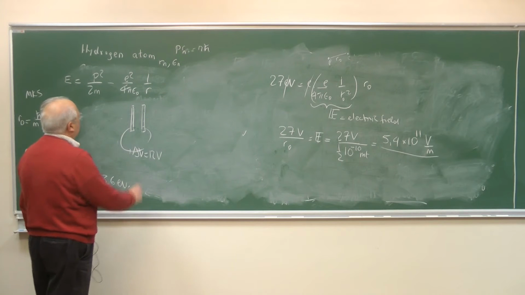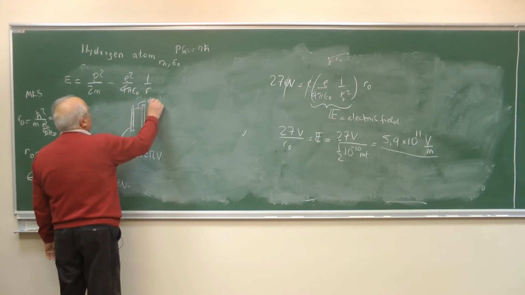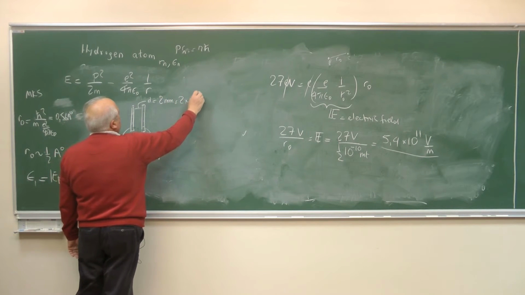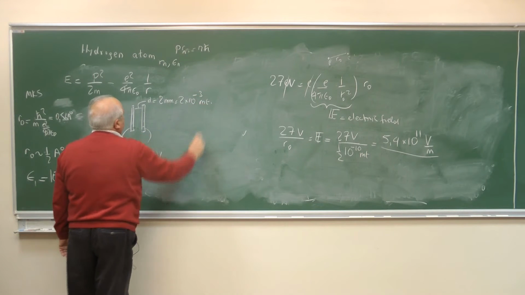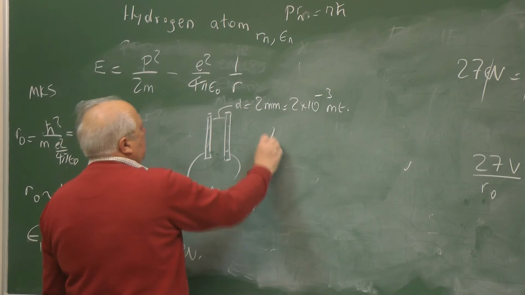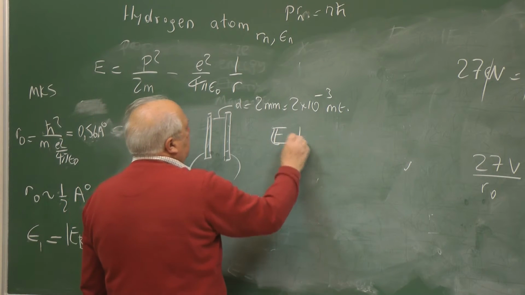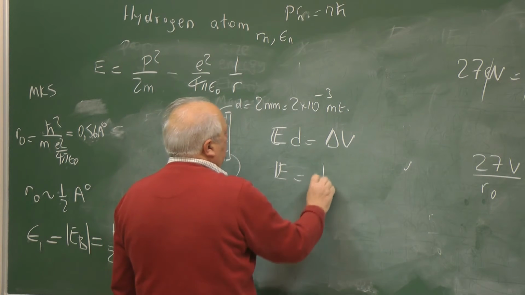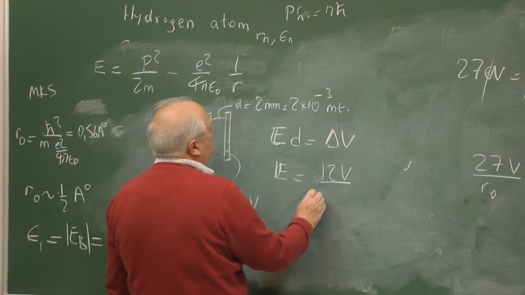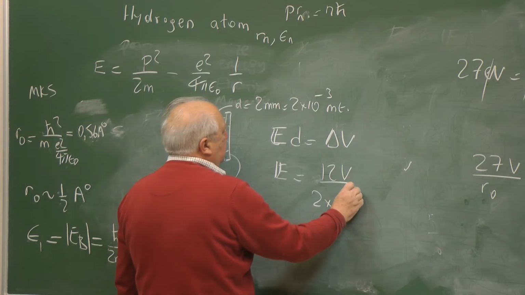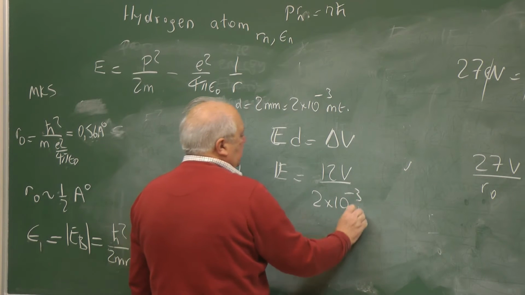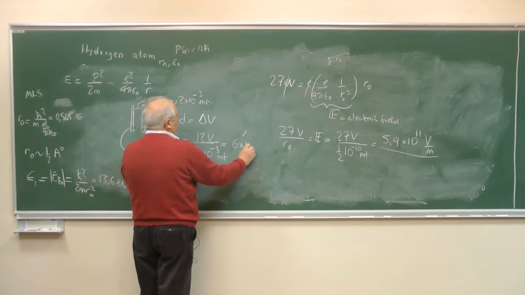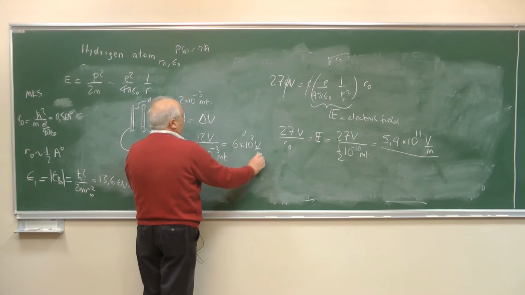And let's take D as 2 millimeters, or 2 times 10 to the minus 3 meters. So the electric field times D is equal to voltage. So E is 12 volts divided by 2 times 10 to the minus 3 meters, which equals 6 times 10 to the 3 volts per meter.